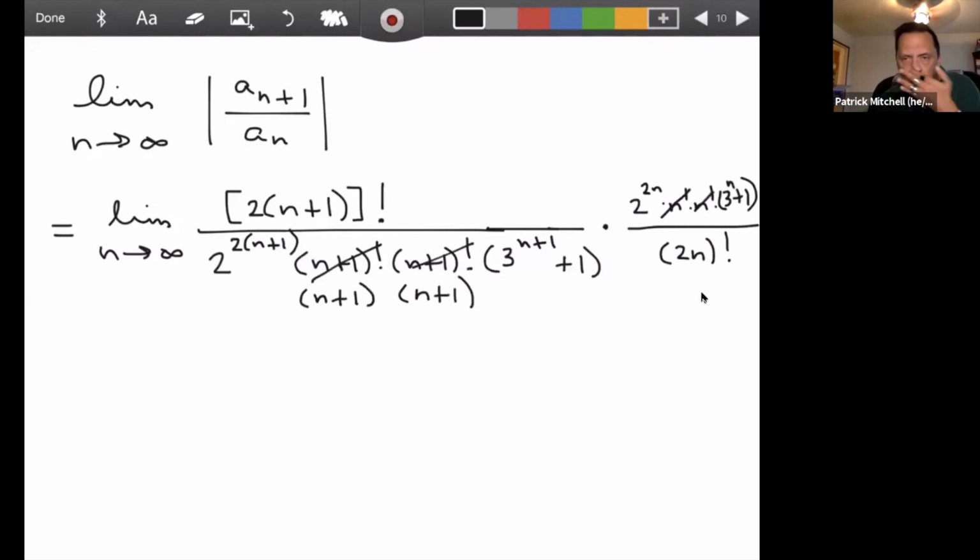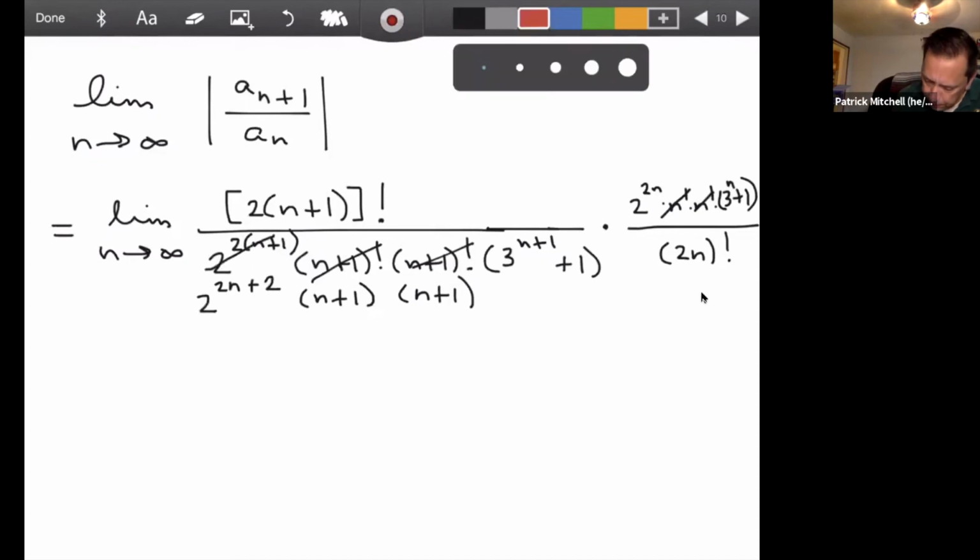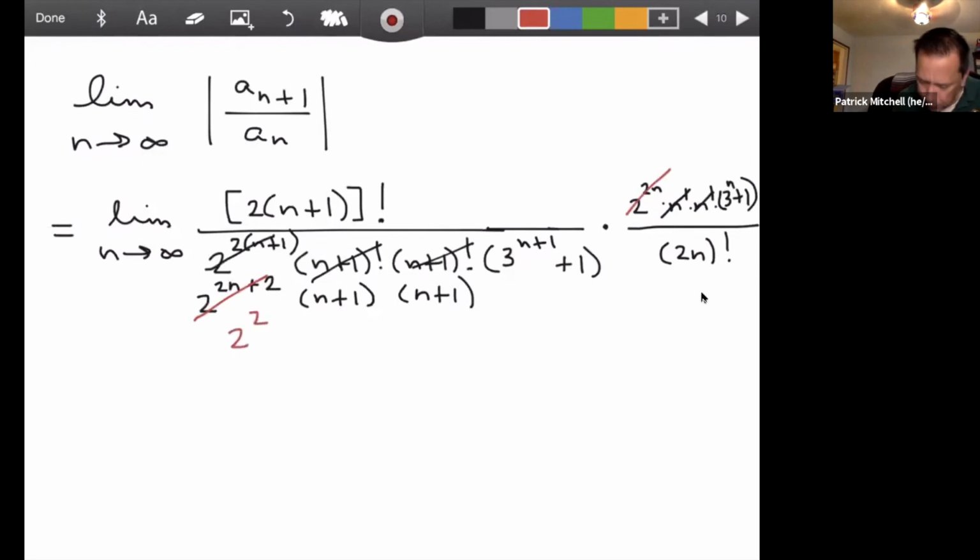Now, let's look at 2 to the 2n and 2 to the power 2 times n plus 1. Let's rewrite this as 2 to the power 2n plus 2. And then using properties of exponents, 2 to the 2n divided by 2 to the power 2n plus 2 is just going to leave 2 to the second downstairs. Okay. All right, almost done.